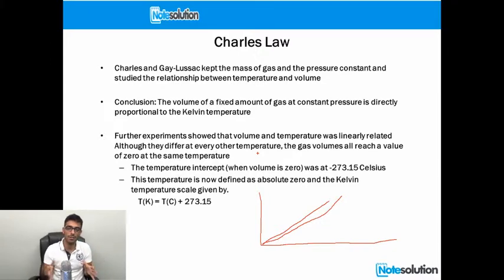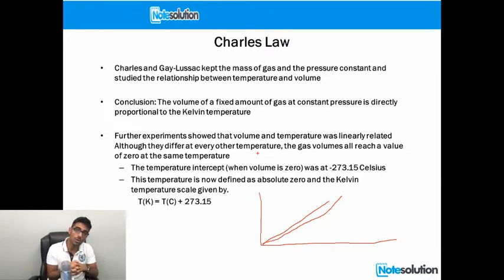So we have different types of gases, let's say hydrogen, nitrogen, oxygen. What happened was they started varying the temperature and the volume, and they saw that there's a linear relationship. So as temperature increases, the volume increases.